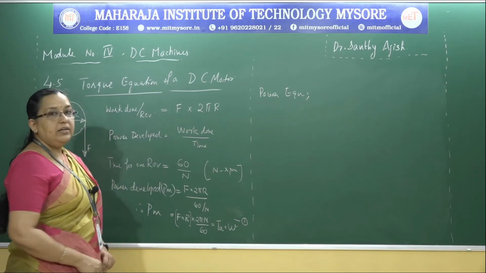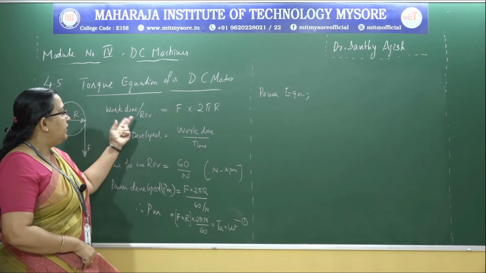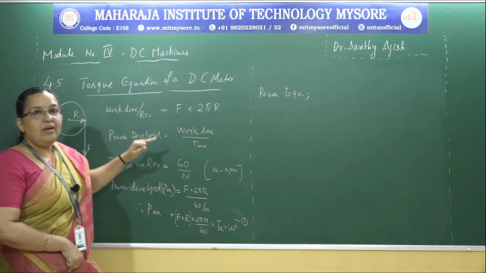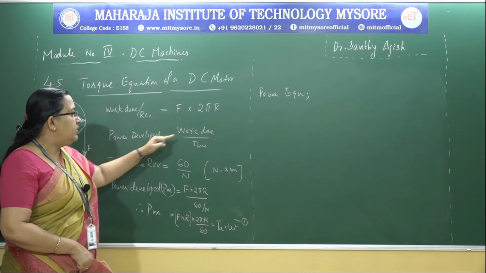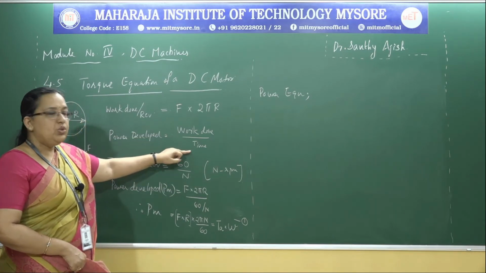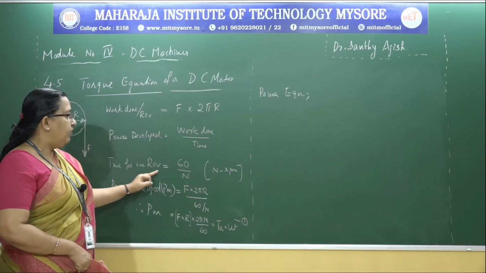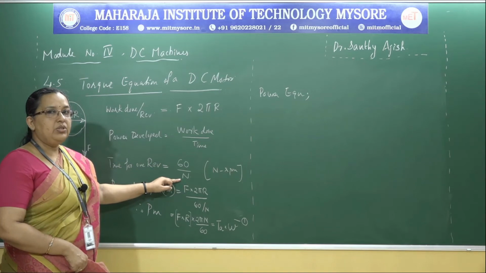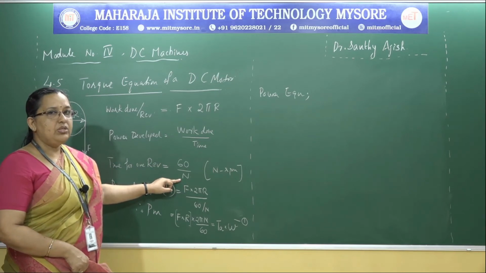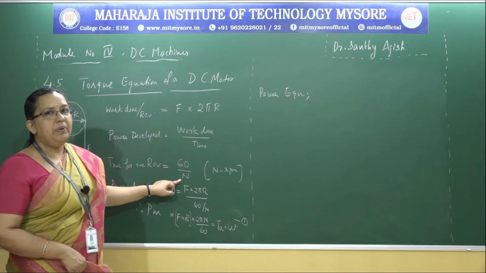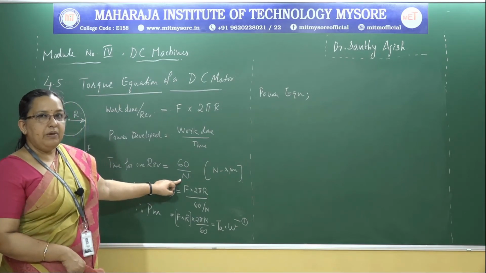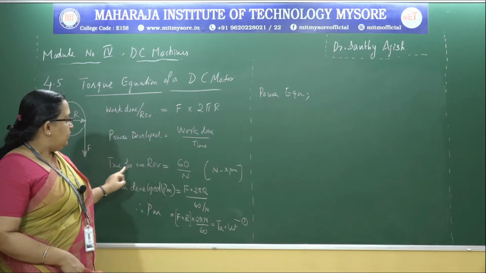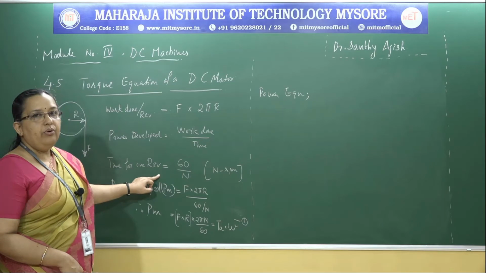So how did we come to this conclusion? Work done per revolution is force into 2 pi R, which is the distance travelled. Power developed is work done divided by time. We have found the time for one revolution: the speed of the armature is N RPM, so revolutions per second will be N divided by 60, and 60 by N gives the time required for one revolution.